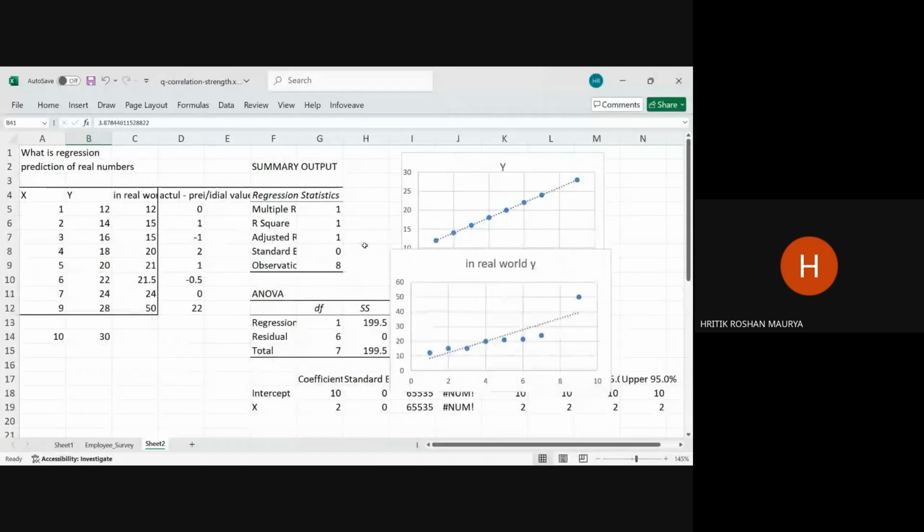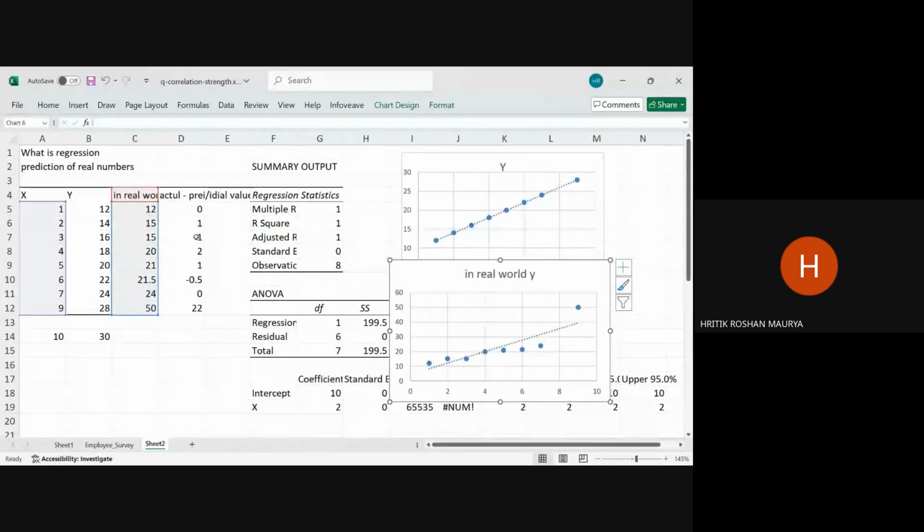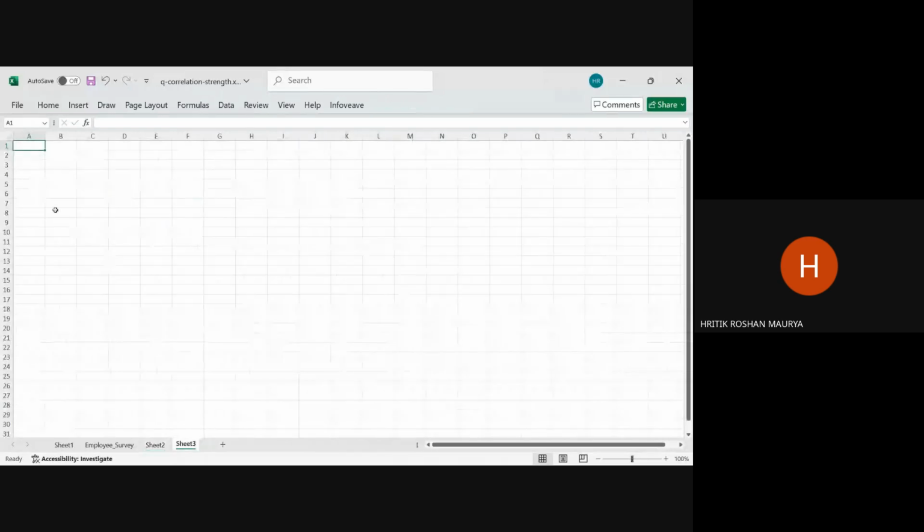Did you get to understand the point of regression? Yes, sir. So if I go to the next step, there could be not only one value, there could be other values also.